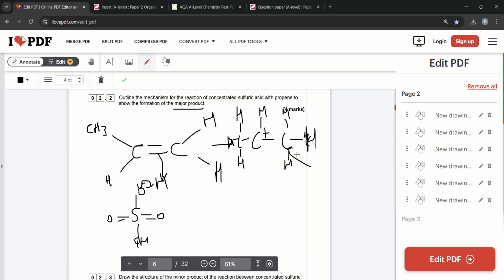If the carbocation was here, that wouldn't be the major product. Same as here, but because it's here, it is the major product.